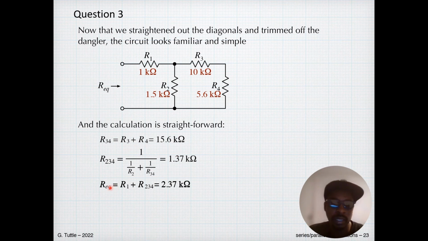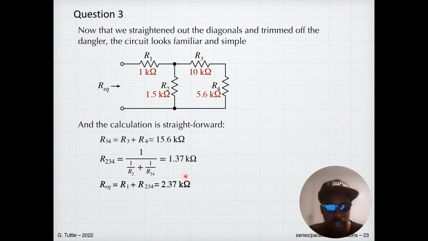Next, we're going to look at what we get after we simplify. This group becomes 15.6. Now we say this group is in parallel with this R2. So R34 in parallel with R2. Let's combine these two now, R2 and this group here.